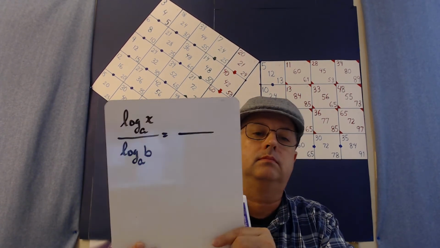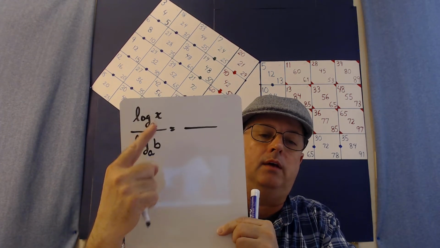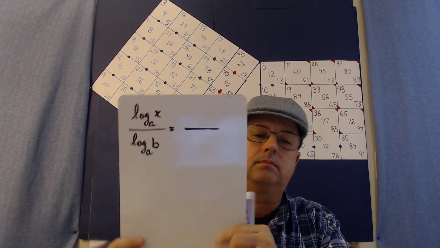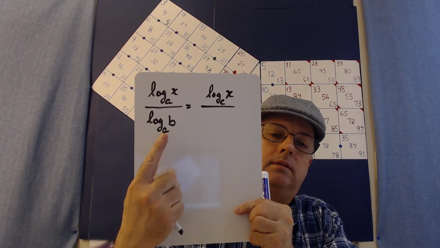So if you have log base a of x over log base a of b, then I can change that from base a to base c, as long as I change this from base a to base c.